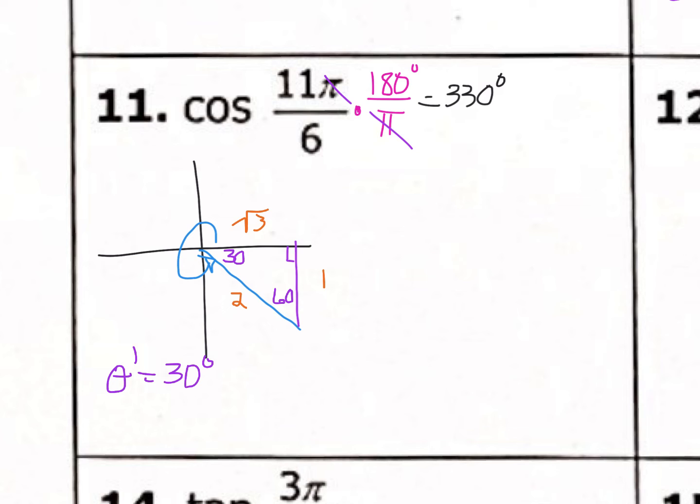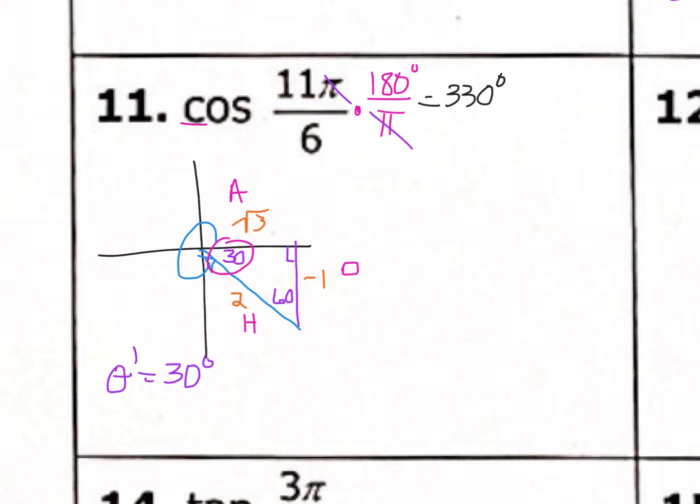You've got to pay attention to your signs. In quadrant 4, only y is negative. So then this is our reference angle. So according to that angle, this is side opposite, this is side adjacent, and this is the hypotenuse. Well, we want cosine, right?